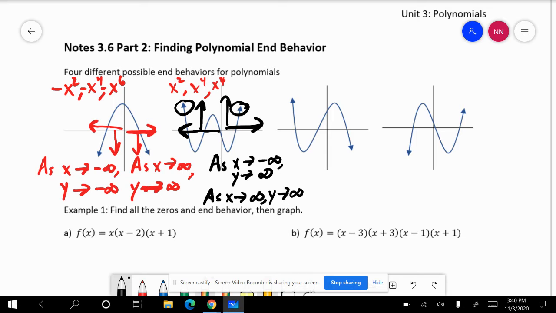Now, odd degree polynomials, notice that they're going in different directions. Even goes in the same, odds go in different directions. Examples of odds would be x cubed, x to the fifth, and so on. There are negative ones, like this one right here, and there are positive ones.